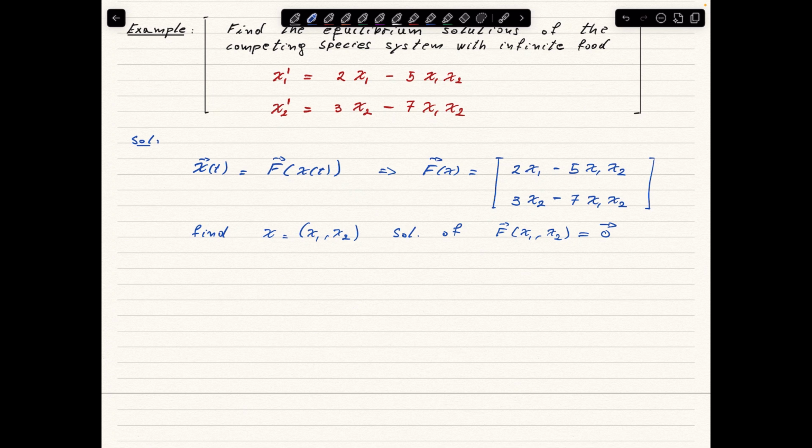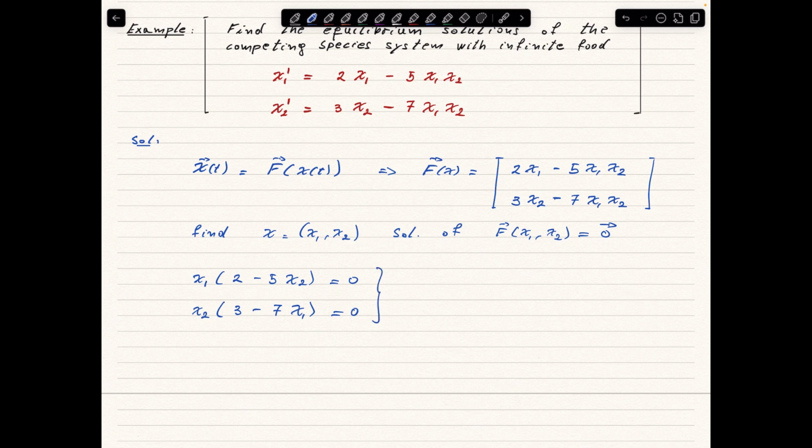So the equations we need to solve are x1 times (2 minus 5 x2) has to be 0, and x2 times (3 minus 7 x1) has to be 0. This is the system of equations we need to solve, and here is one solution.